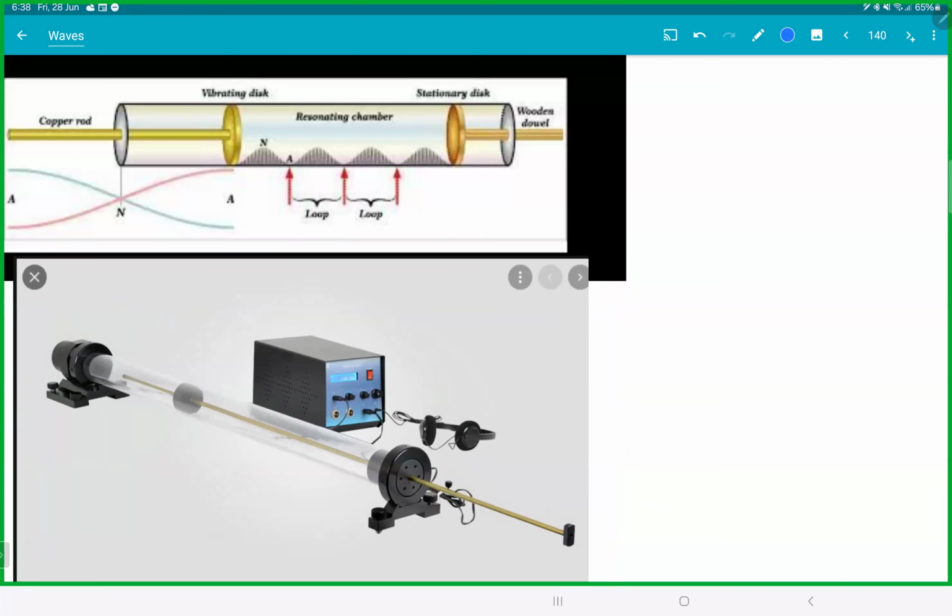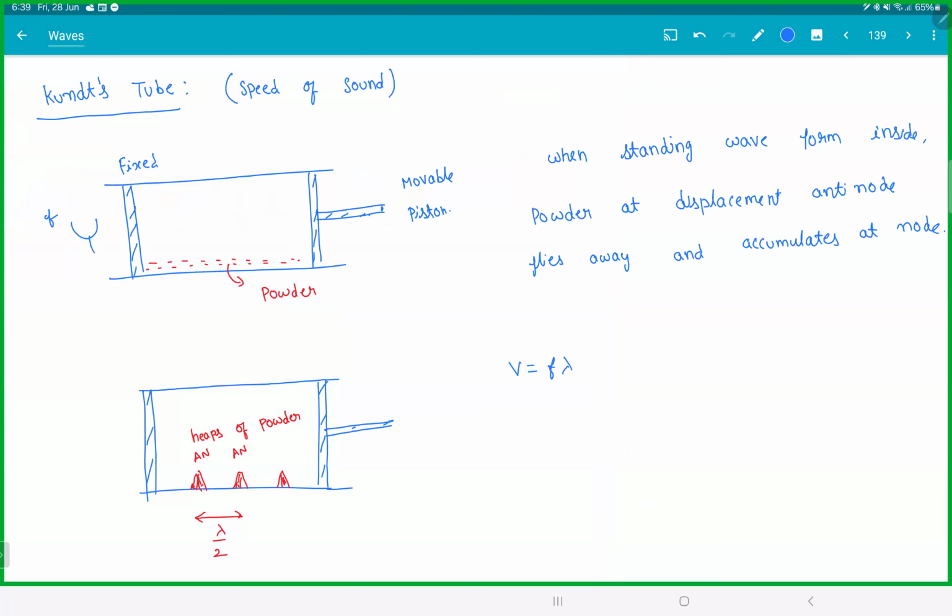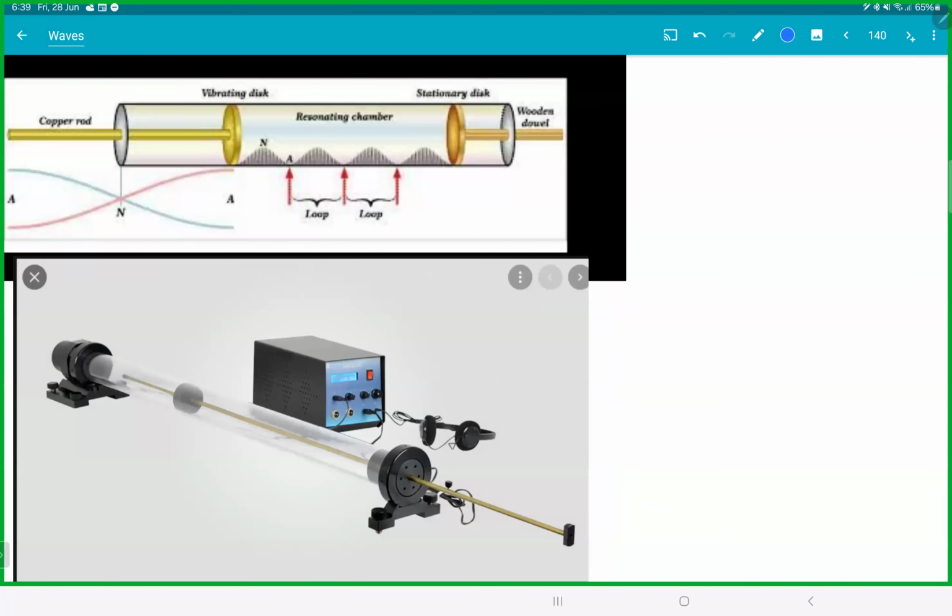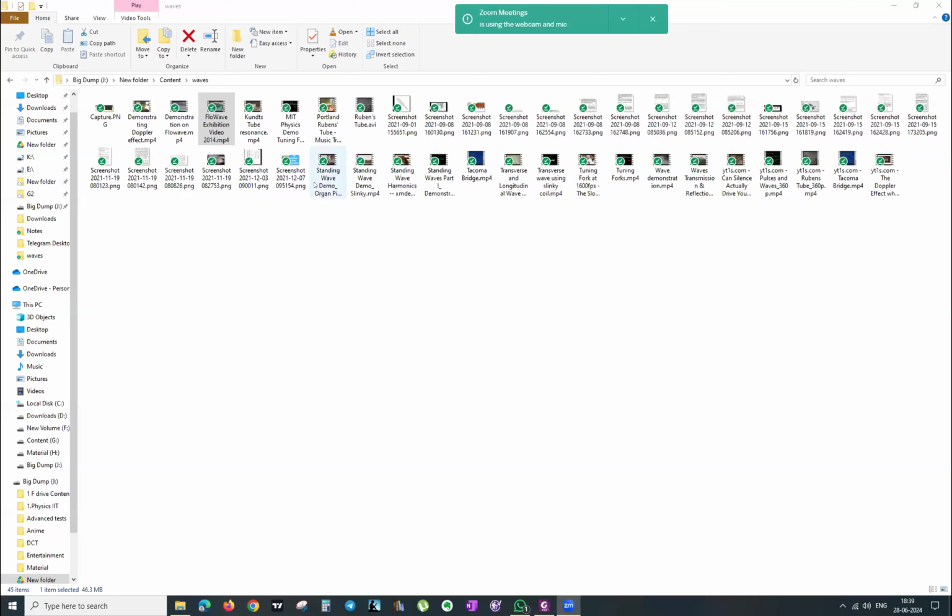Clear with this? Is the concept clear? The idea was pretty simple, right? Kundt's tube, here.